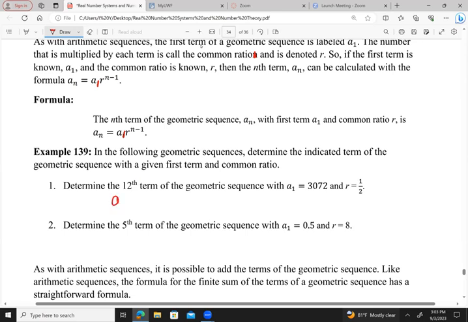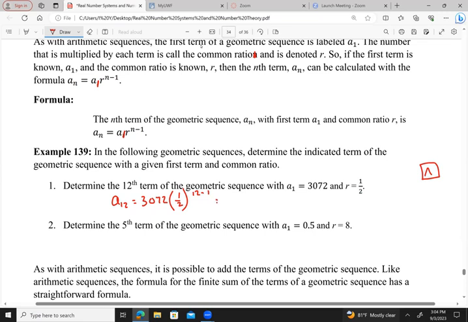So a sub 12 is equal to a sub 1, 3072 times 1/2 to the 12 minus 1. So again, on your calculator, you're going to look for ideally a caret button.